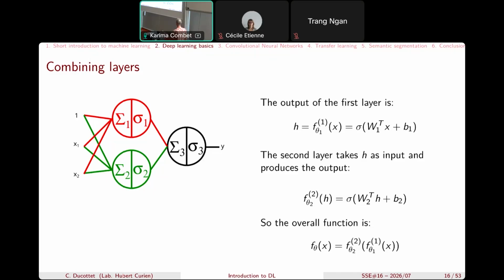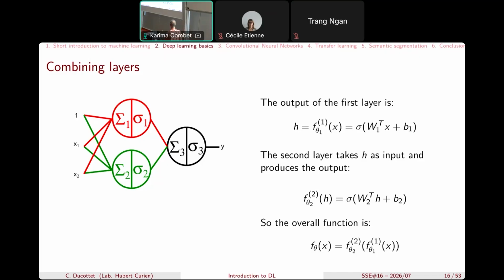If we combine these two layers, it corresponds to a composition of two functions, okay? The first function, f theta 1 here, will be the transfer function of the first layer, and f theta 2 will be the transfer function of the second one. And this is just a composition.